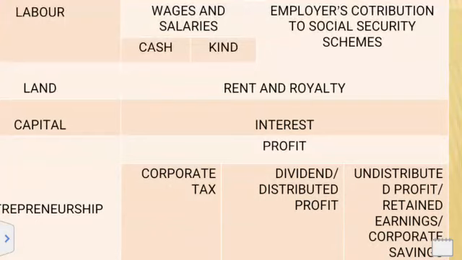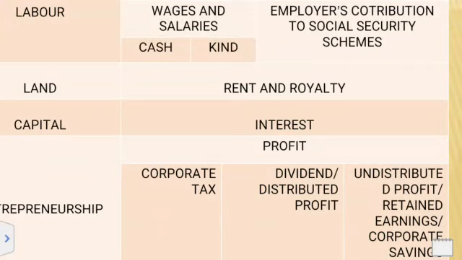So labor as a factor of production and its remuneration we have completed. Now coming to another factor of production, that is land. For land as a factor of production, its remunerations are rent and royalty. Land as a property, if a person owns it, the property ownership of the land gives rise to the remuneration called rent.